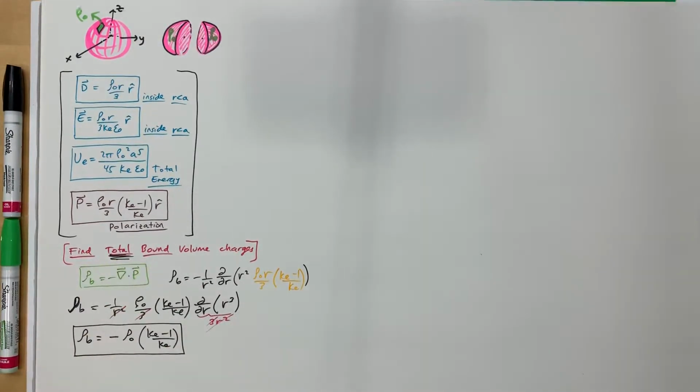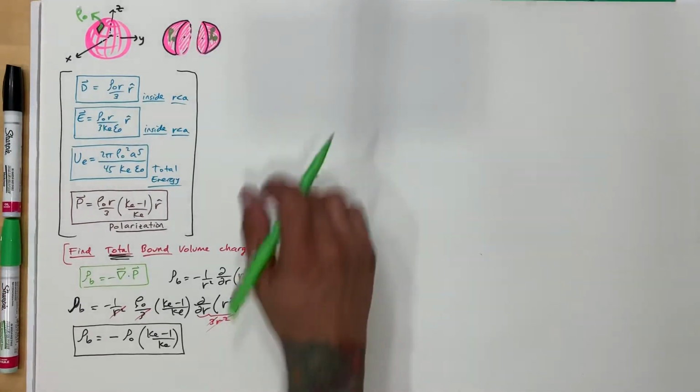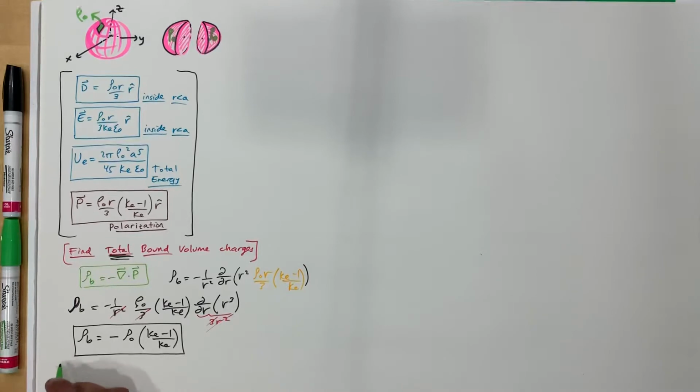So we're going to use Q is equal to the volume integral of the bound charge d tau, so the volume. So we're going to use this equation here to find the total.